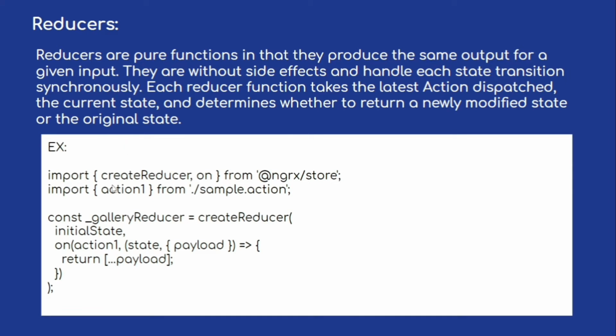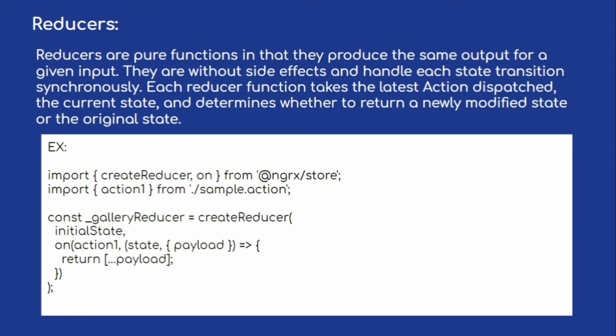If you observe the sample example, to create a reducer we need to use createReducer that loads from the NgRx store. Inside it, the first parameter will be the initial state. The initial state is nothing but some dummy or empty data, so that whenever our application loads and fetches something from our store, we will not get errors like undefined data.